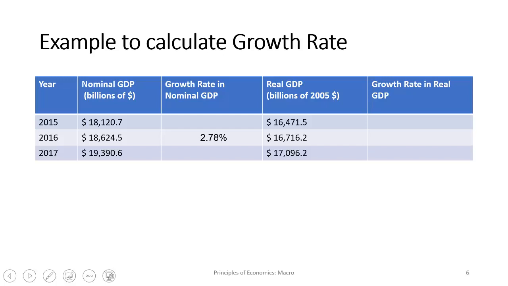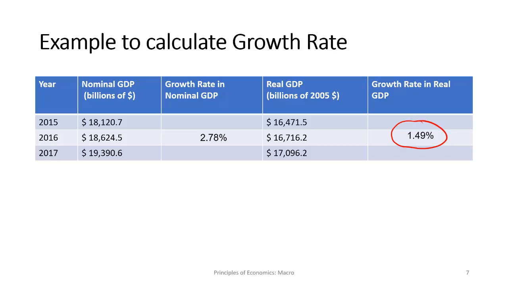So between 2015 and 16, US nominal GDP grew by 2.78%. That means compared to the previous year, the following year GDP was up by 2.78%. Mind you, this is nominal GDP. Let's look at how much is the growth in real GDP. Real GDP grew by, in the same time period, 1.49%.